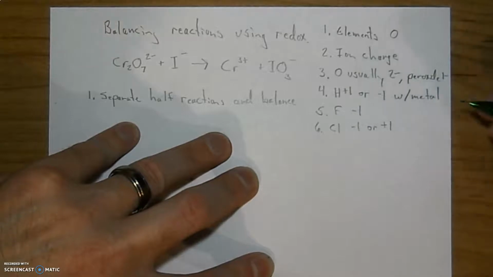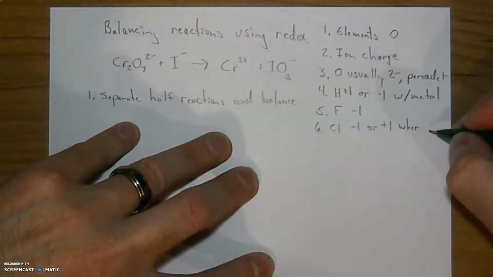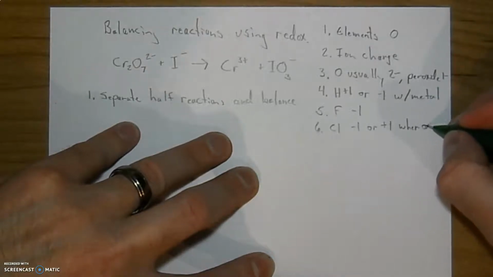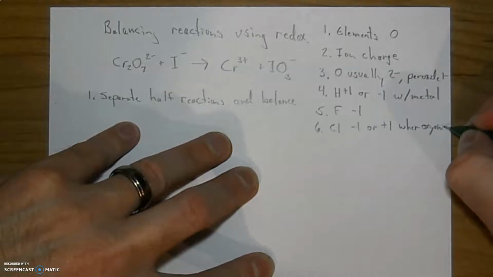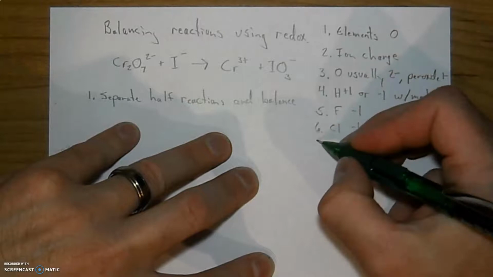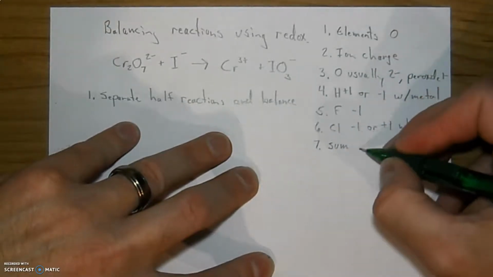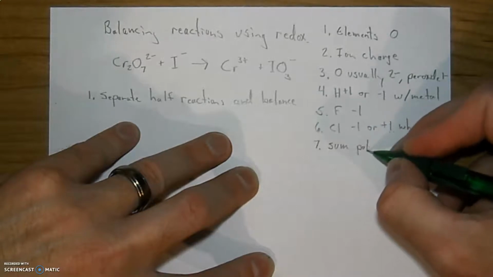I don't think it has any other charges, but let's just go with that for now. +1 when it's an oxyanion. I didn't give myself a lot of room here. Oxyanion.